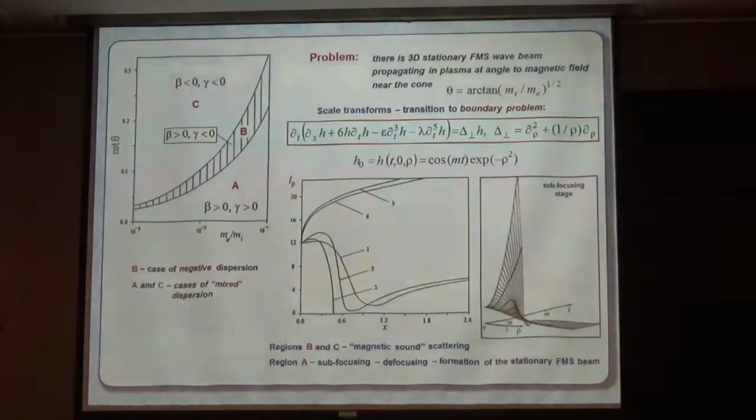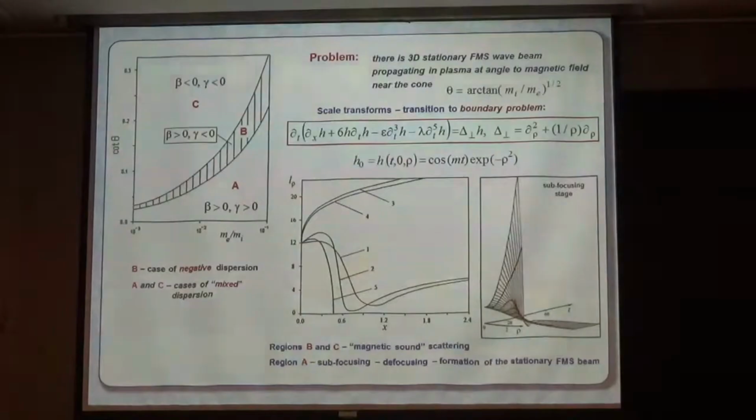Using the scale transformation, we transit from the initial problem to a boundary one. The problem has been solved numerically with the boundary condition in the form of an axially symmetric stationary beam at boundary x equals 0.